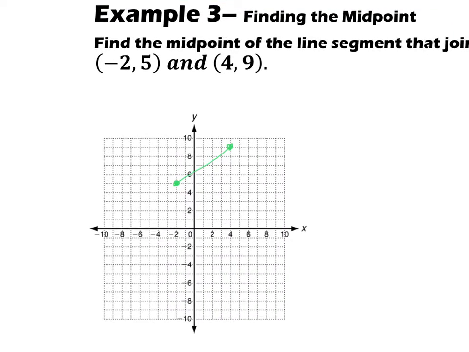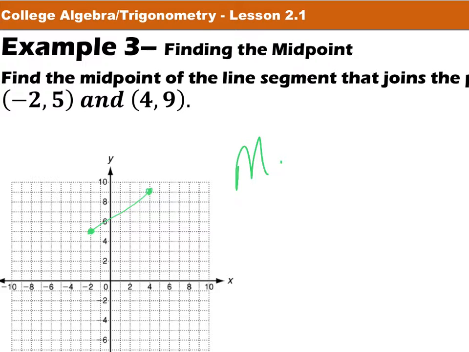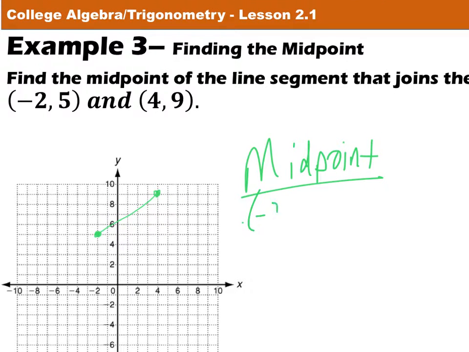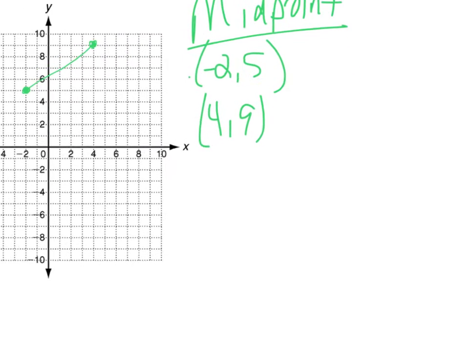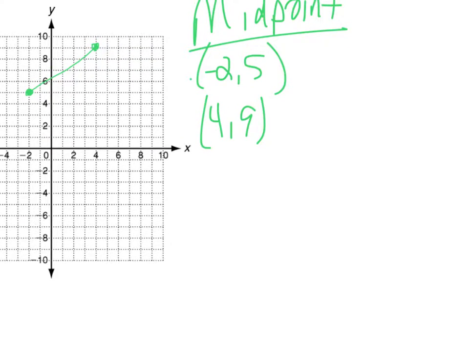So again, to find the midpoint, this is what I would do. I would write down my points, negative 2, 5 and 4, 9. Write them on top of each other so I know my x's are first, my y's are second. Now, how do you find the midpoint? What do we say we do? You add the x's and divide by 2.